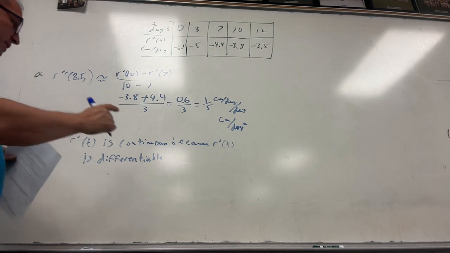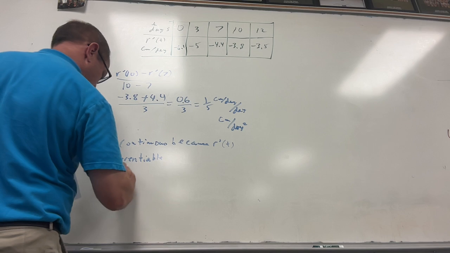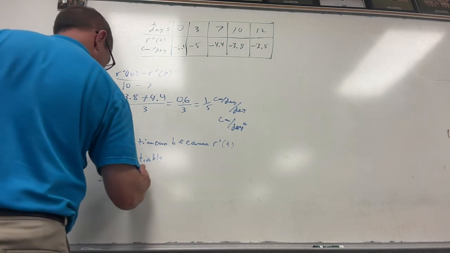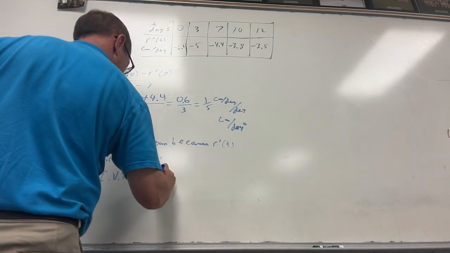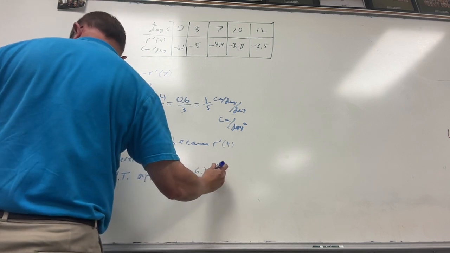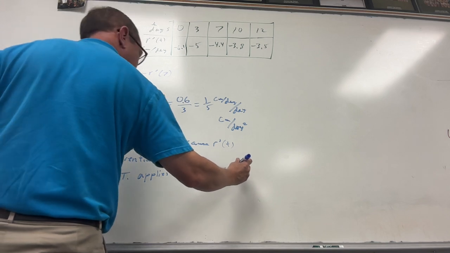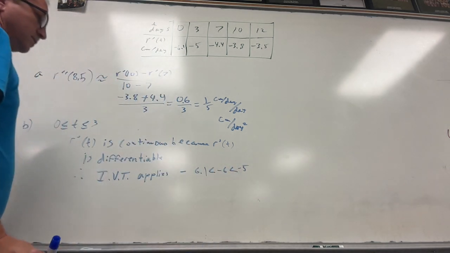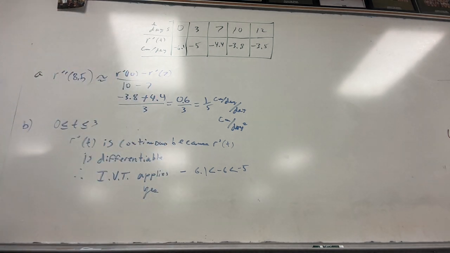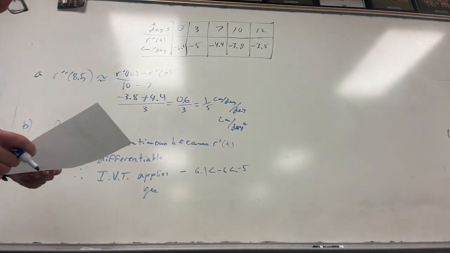Now that we know r prime is continuous, the intermediate value theorem applies here, and negative 6.1 is less than negative 6, which is less than negative 5. So because of that, the answer is yes. There is a point where r prime of t would equal negative 6.